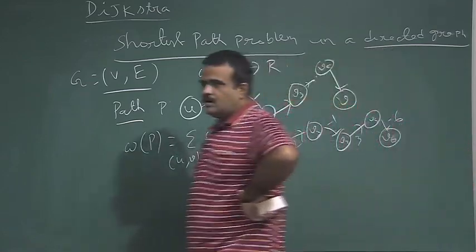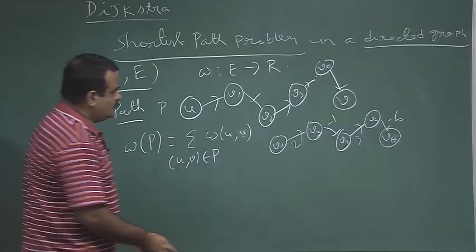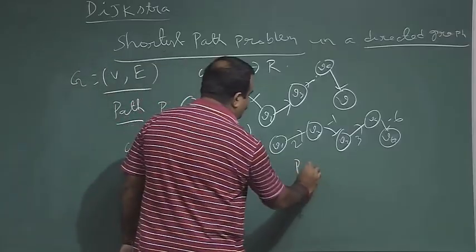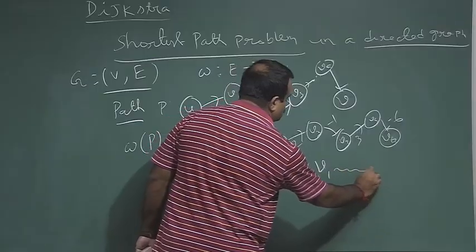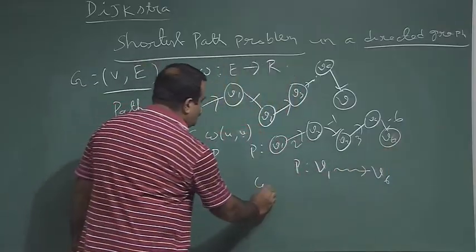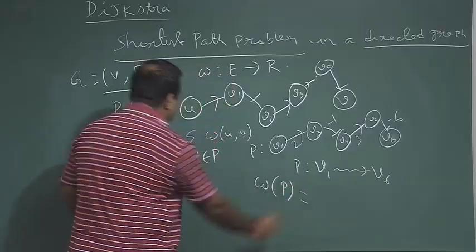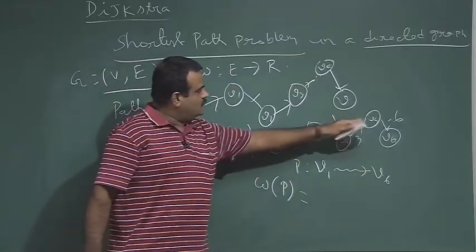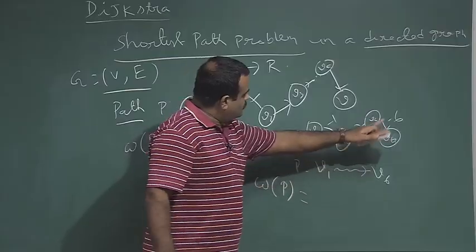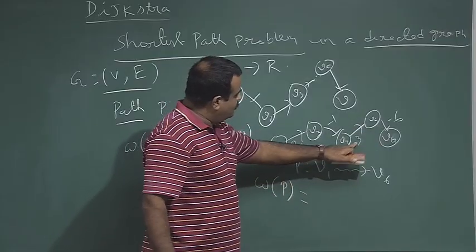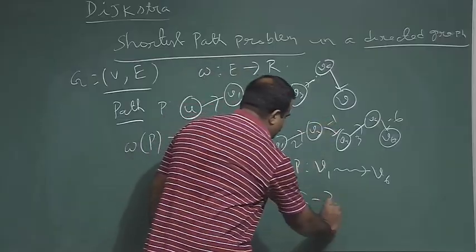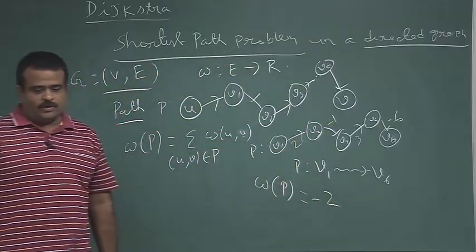Suppose these are the weights. Now, this is a path from v1 to v6. What is the weight of this path? The weight of this path is the sum of the edge weights. So, this is 2, -1, 3, which is 5 minus 1 and minus 1, so -2 basically, the sum of the weights of this path.